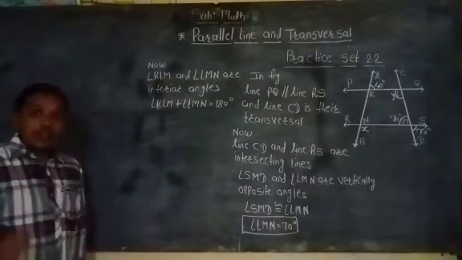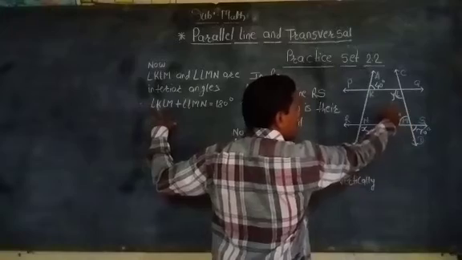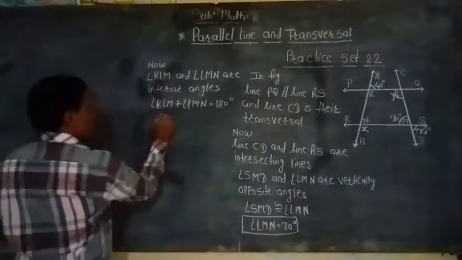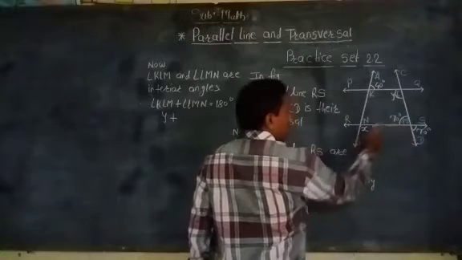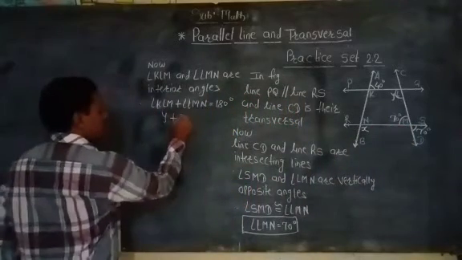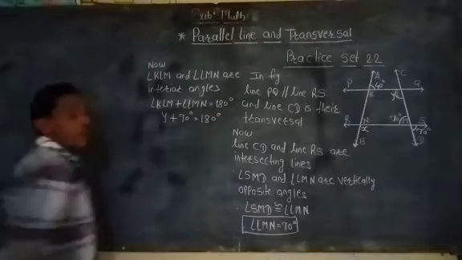We put down the values of both angles. KLM is the variable y, so y plus LMN, which is 70 degrees. y plus 70 degrees is equal to 180 degrees.